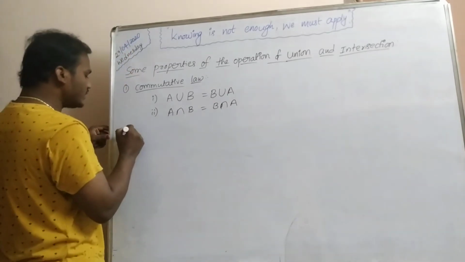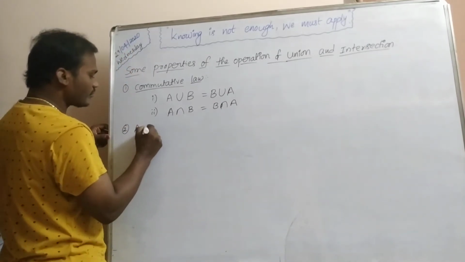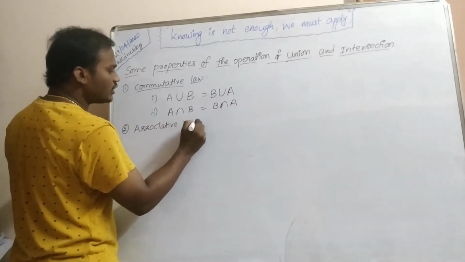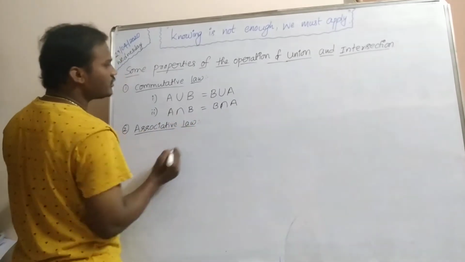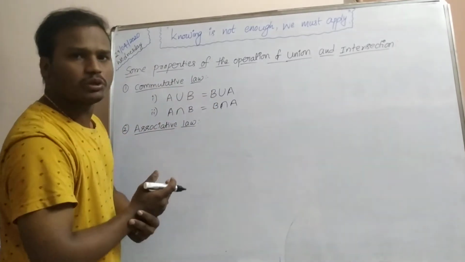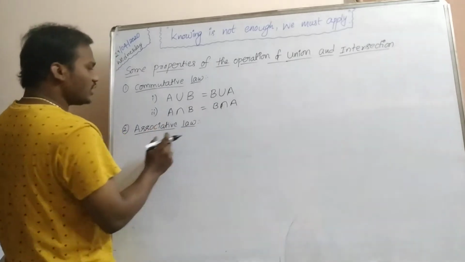Next, the second law is the associative law. Associative law, or associative property, we can say. Commutative property or law, associative law or property, both mean the same.